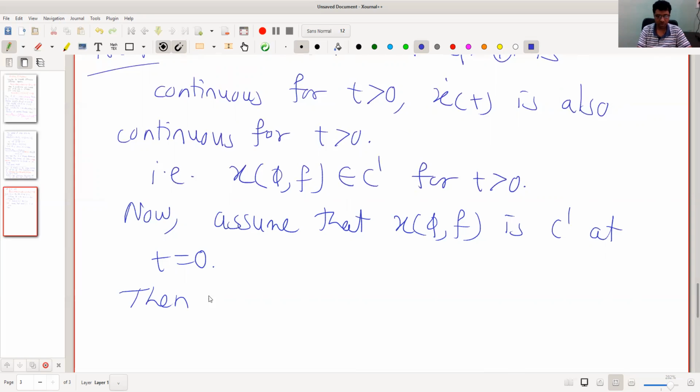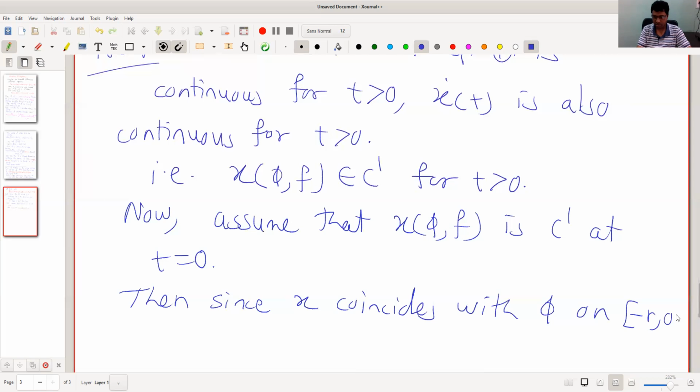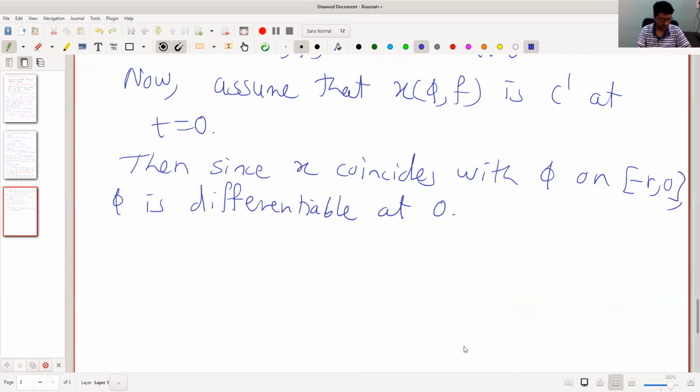Then since x coincides with phi on minus r to 0, phi is differentiable at 0. And since this is a solution, phi dot of 0 is the same as x dot of 0.